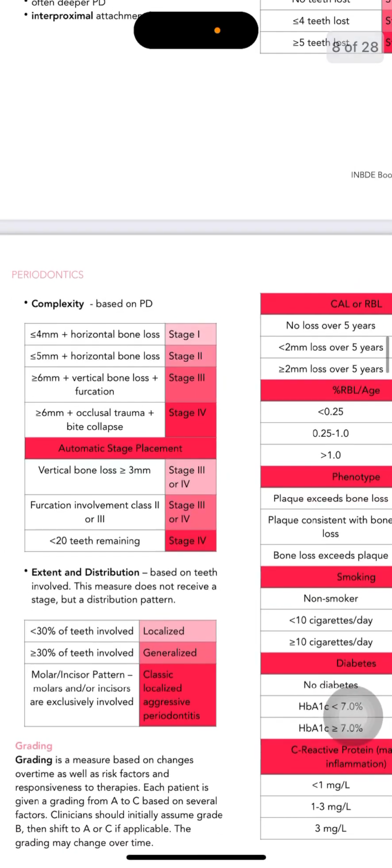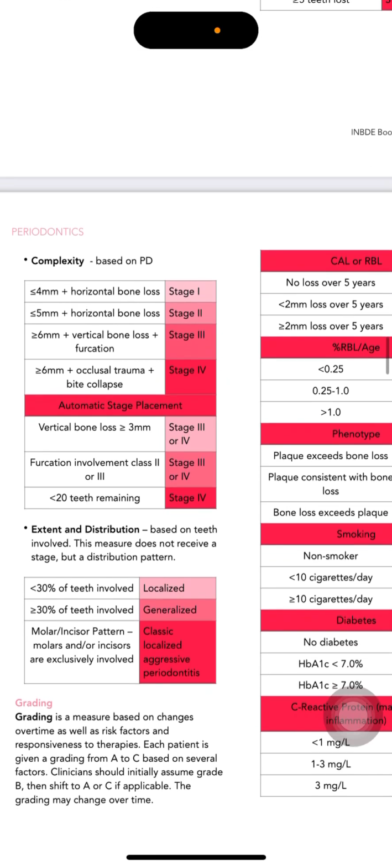Complexity based on PD, periodontal smaller than 4 mm, horizontal bone loss stage 1, smaller than 5 mm, horizontal bone loss stage 2, more than 6 mm, vertical bone loss, furcation stage 3, more than 6 mm, occlusal trauma, bite collapse stage 4.